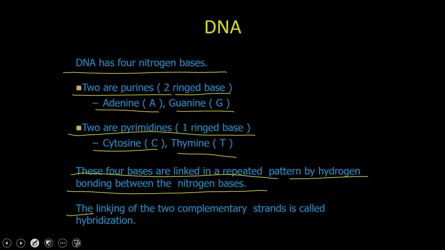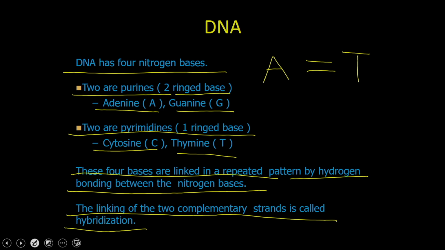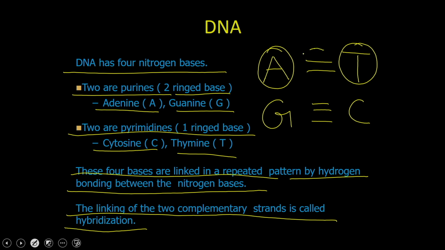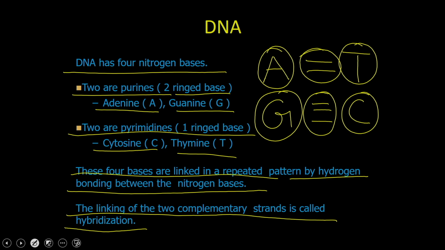The linking of the 2 complementary strands is called hybridization. A pairs with T and G always pairs with C. A pairs with T with the help of 2 hydrogen bonds, whereas G pairs with C with the help of 3 hydrogen bonds.